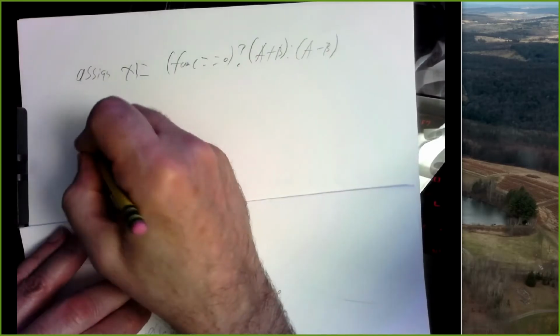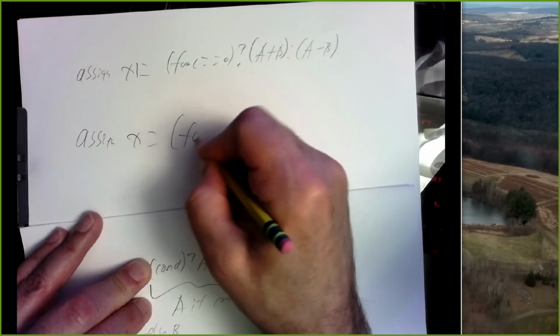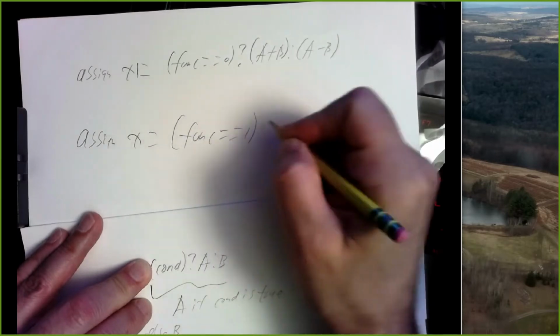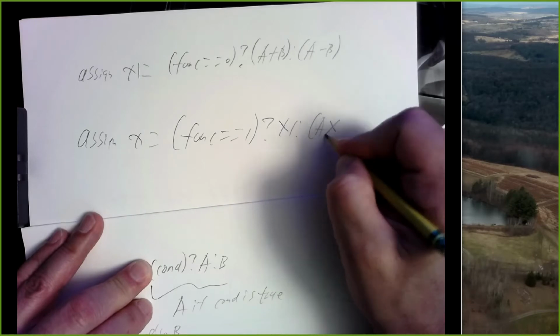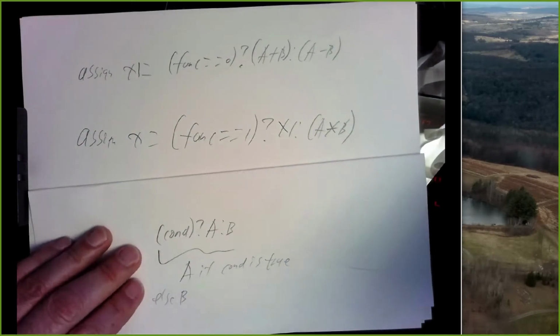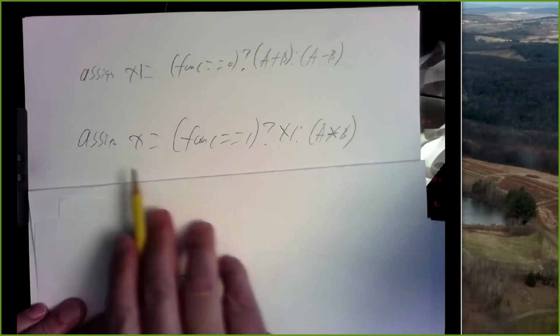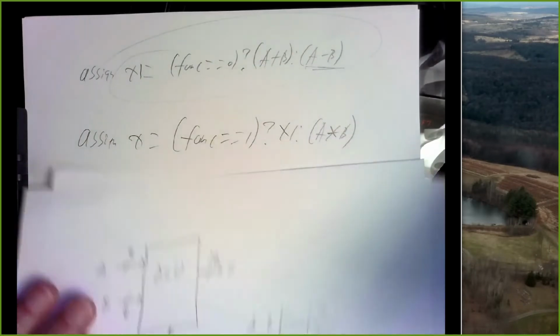And so I could do something like this. Assign x equals function equals 1, x1 colon a times b. Alright, so if my function is equal to 1, I'm going to set x equal to the result of this, which is a minus b. So that takes care of that.